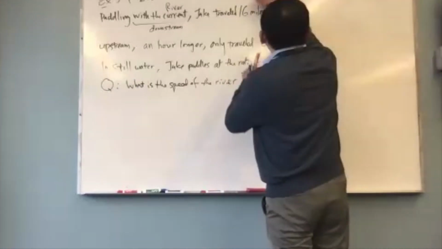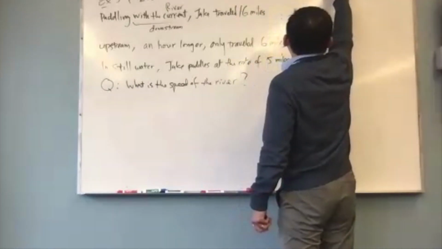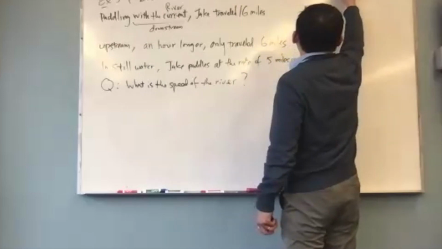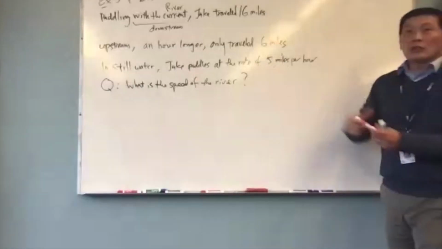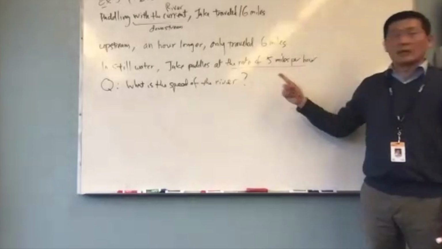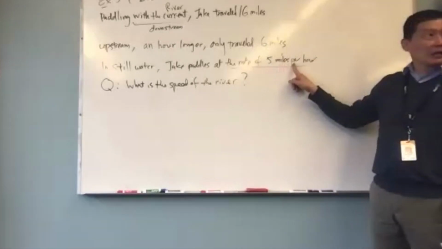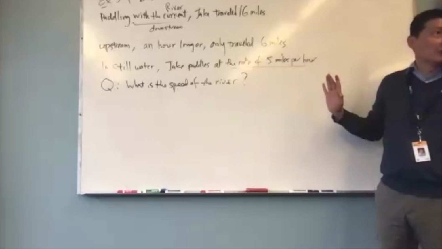So speed is defined by distance over time, right? So you can just look at this, then you will know the definition of speed. Rate, distance, divide, time. Very simple.